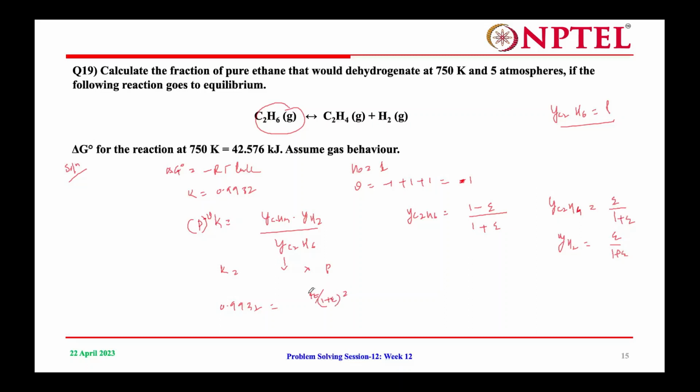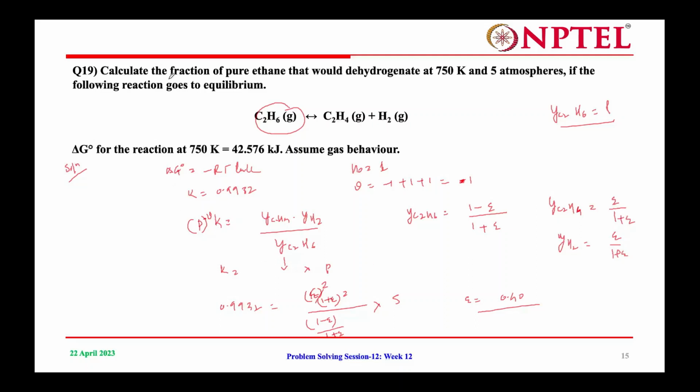So here 1 by 5, 1 by the reaction extent, right, into P, which is 1 atmosphere, and from all these expressions we get phi equal to 0.40.